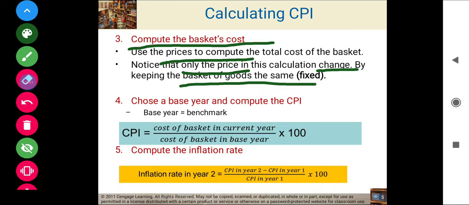Remember, only the price of goods changes, not the amount of goods. Only the price changes. The amount of goods is fixed.